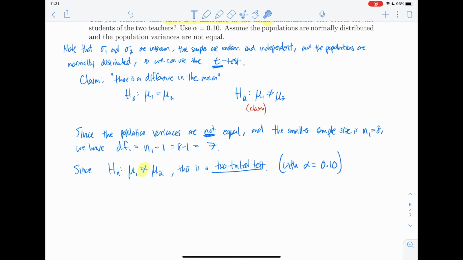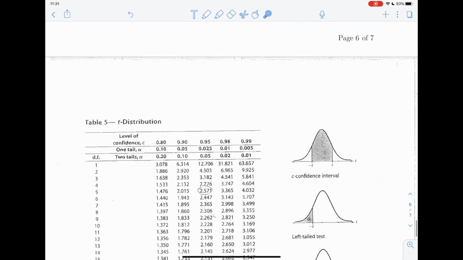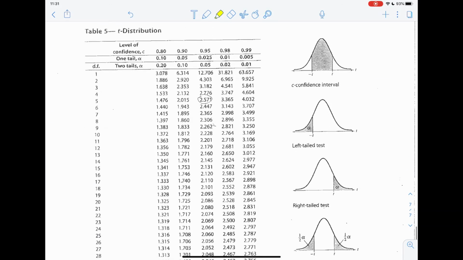So we're going to come down to the t-table, which is attached at the end of the handout here. We're going to look at the two-tail category until we find our proposed level of significance, which is 0.10. Now we're going to go down column 2 until we get to a degree of freedom indicated as 7. So here is our proposed degree of freedom 7.